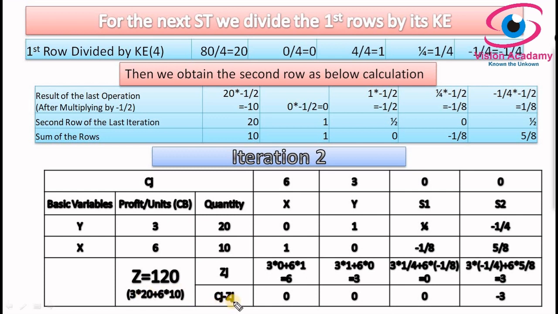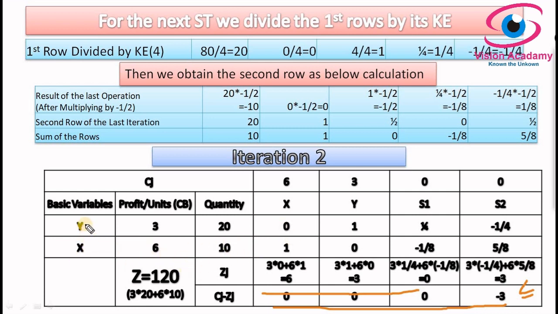As you know, Cj minus Zj must be less than or equal to 0. All the values are less than or equal to 0. 3 values are 0 and 1 value is negative. Since all Cj minus Zj values are less than or equal to 0, this is the optimality condition.